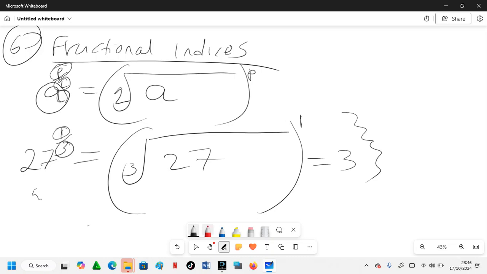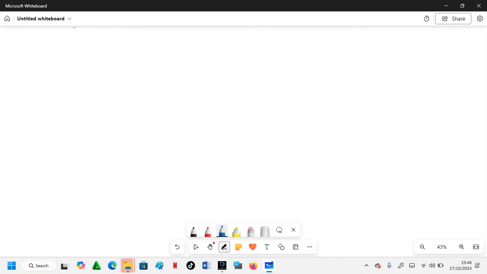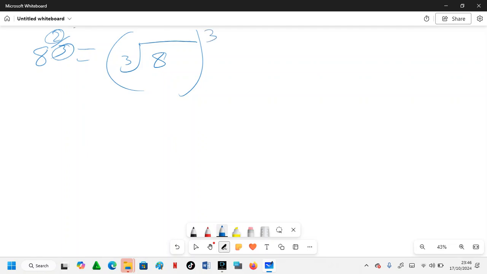Let's change the color for a change. Let's say we have 8 to the power of 2 over 3. We're going to have the cube root of 8, and then you're going to raise it to the power of the numerator. So you put the denominator behind the root sign, and then you raise it to the numerator, okay?